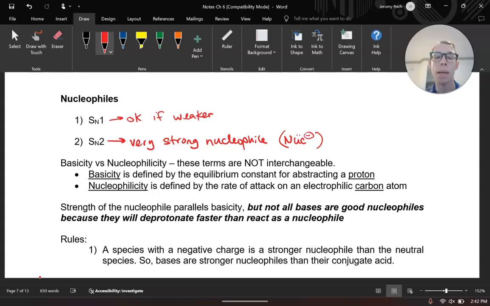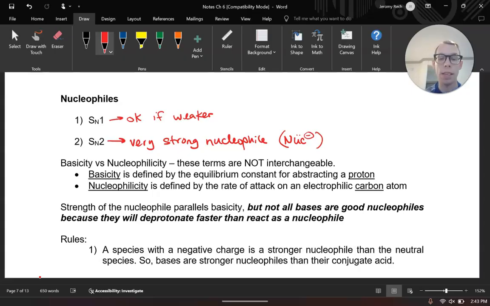If I use the word basicity, we are talking about how strong or weak your material is at abstracting a proton. Nucleophilicity is not focused on a proton, but an actual attack on an electrophilic carbon. So nucleophiles and bases don't necessarily trend in the same direction. They can parallel, but it's not one-to-one.